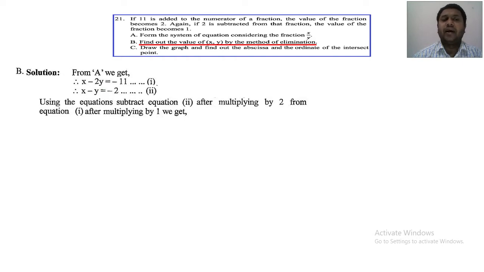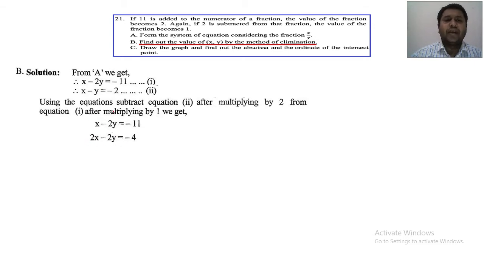So we subtract equation 2, after multiplying equation 2 by 2, from equation 1, after multiplying by 1. That means in equation number 1 we multiply both sides by 1, so it remains the same.